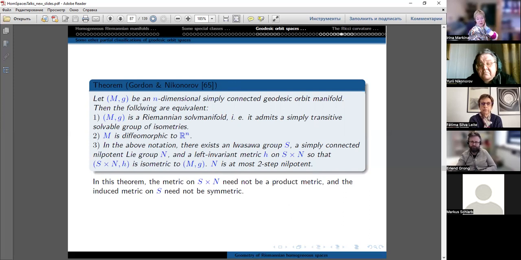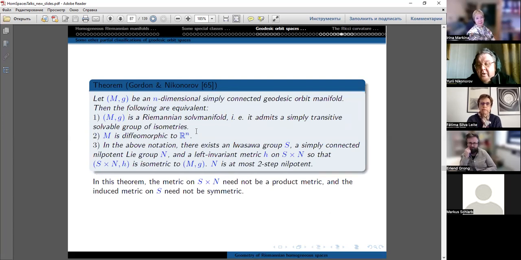This is more or less a good description of such geodesic orbit spaces, because in fact we can consider all the details in the construction and so on. Therefore, we can say that this case is also done.